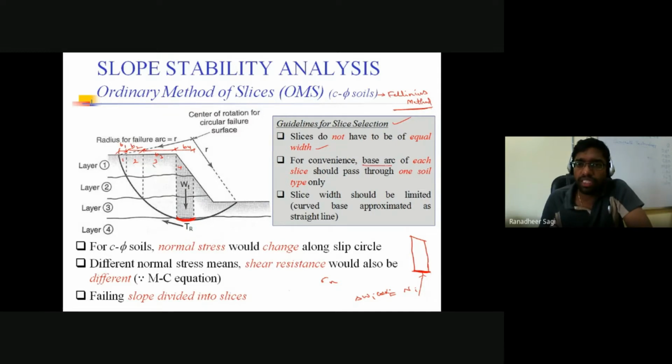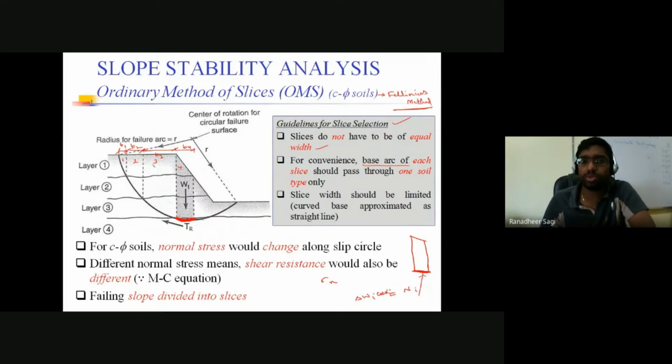For convenience, the second condition: the base arc of each slice should pass through one soil type only. In case you are looking at the failure surface in non-homogeneous soil, what we are considering is the so-called base arc, in the sense of the base of each of the elements. That is the failure surface you are defining, corresponding to the bottom of each of the elements. So for our convenience, it is considered that the base arc of the failure surface passes through only one layer, not through two different layers.